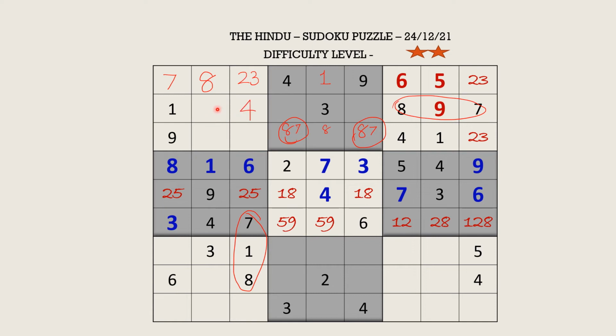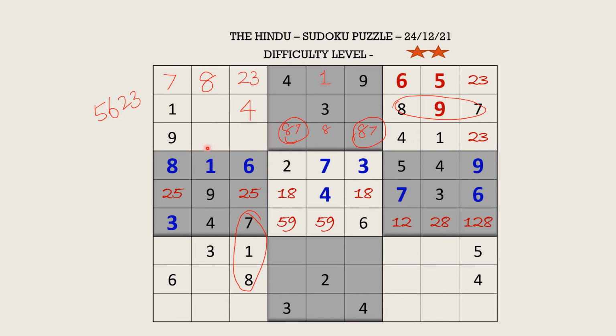Now missing numbers are 5, 6, 2 and 3. So there are 4 cells not yet filled, and the missing numbers are 5, 6, 2 and 3. Now we are missing a lot of clues, so we should actually know where 5 is placed. So we cannot fill this block right now.